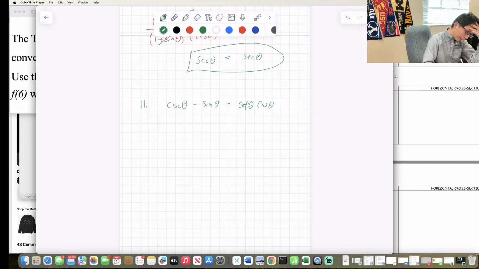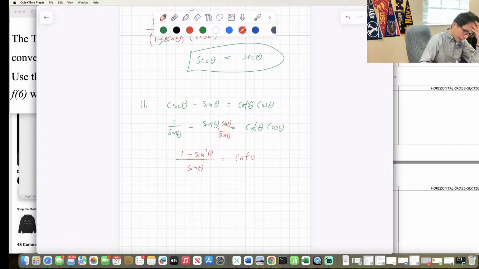I'll probably work on the left hand side, so it'll be 1 over sine theta minus sine theta is equal to cotangent theta cosine theta. And I need to combine fractions, so it'll be sine theta over sine theta. So that's going to be 1 minus sine squared theta over sine theta is equal to cotangent theta cosine theta.